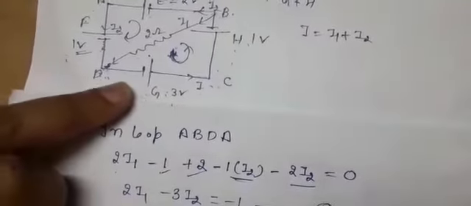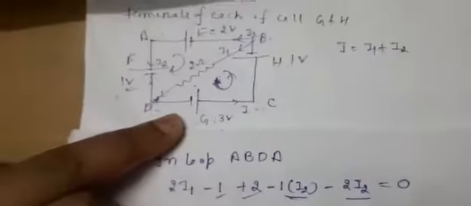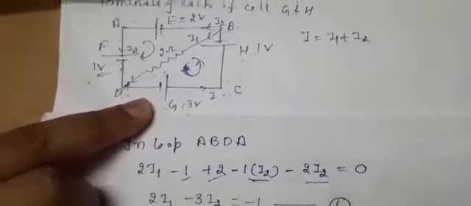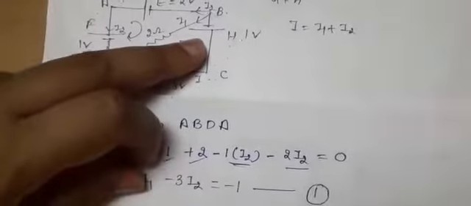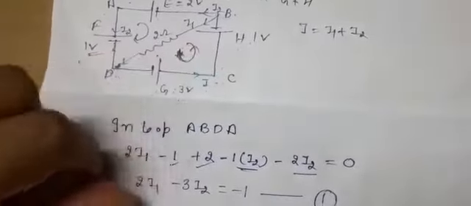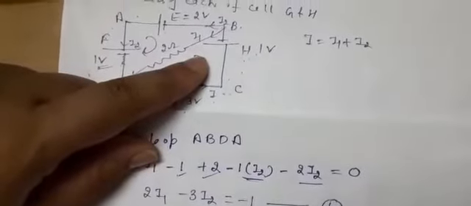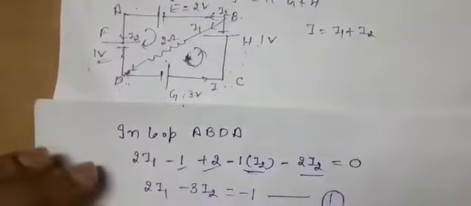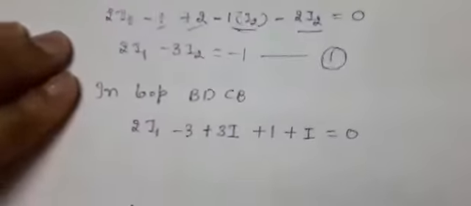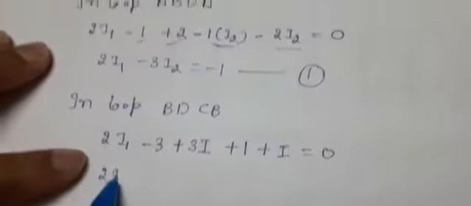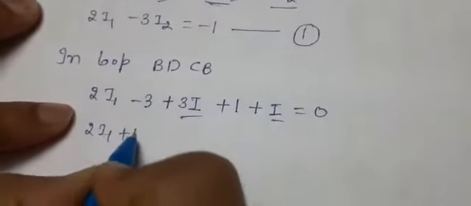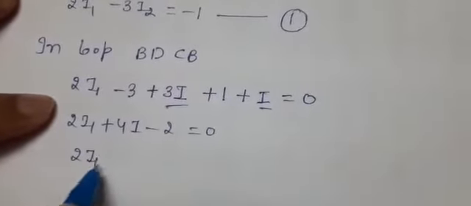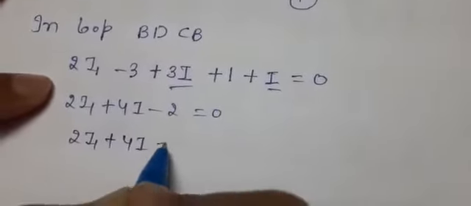As the direction of current is the same as the direction of the loop, so it will be plus 3 into I. Now here the positive terminal is coming, plus 1, and again plus 1 into I, and then this will be equal to 0. So now this is 2I1 plus 4I minus 2 equal to 0. So 2I1 plus 4I equal to 2.